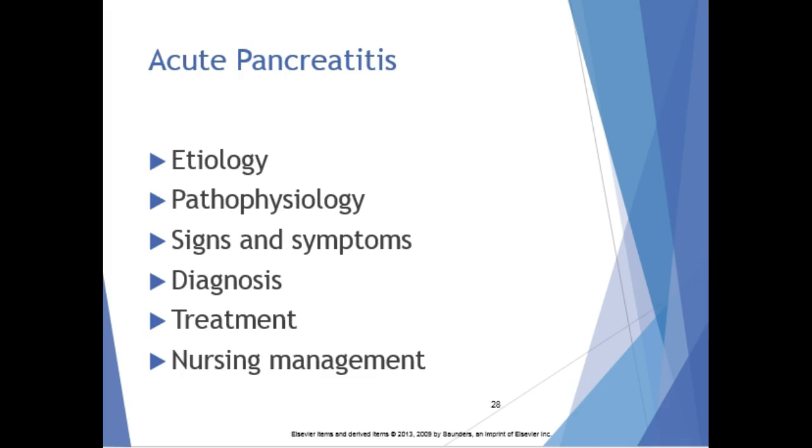If there's a pseudocyst present, it will be surgically drained. Intravenous meperidine or morphine will be used to control the pain via PCA. Histamine receptor antagonists or proton pump inhibitors may be ordered to decrease the hydrochloric acid secretion that stimulates the pancreatic activity.